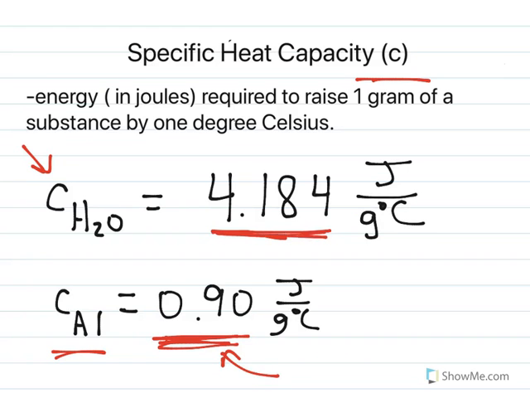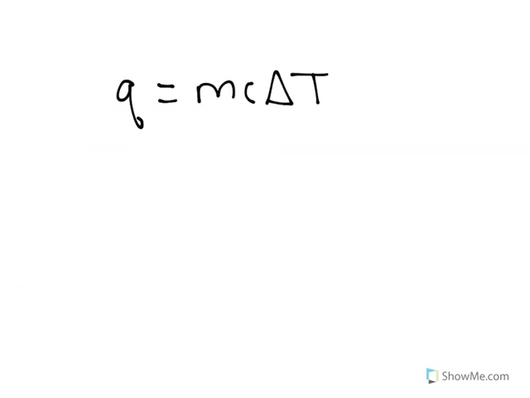Whereas if you took an equally sized sample of water and you put it into a fire briefly, the temperature change of that water would not be nearly as dramatic because it takes 4.184 joules in order to change 1 gram by a degree Celsius, whereas it takes far less to change a metal like aluminum.